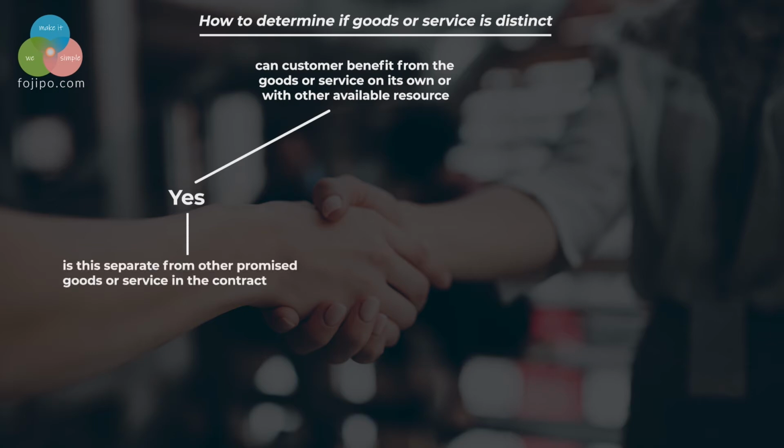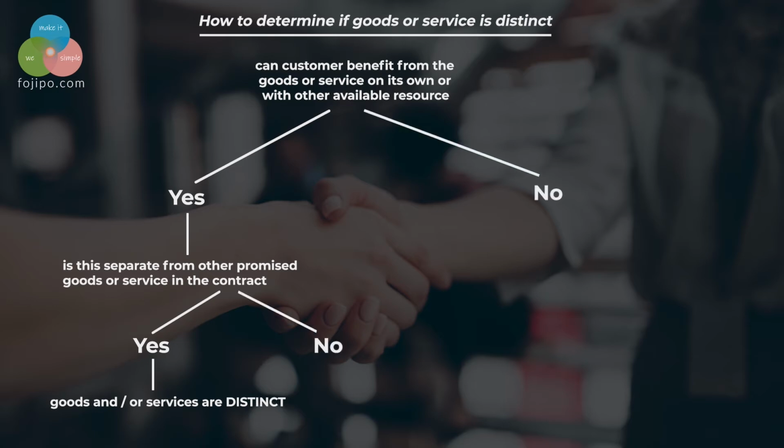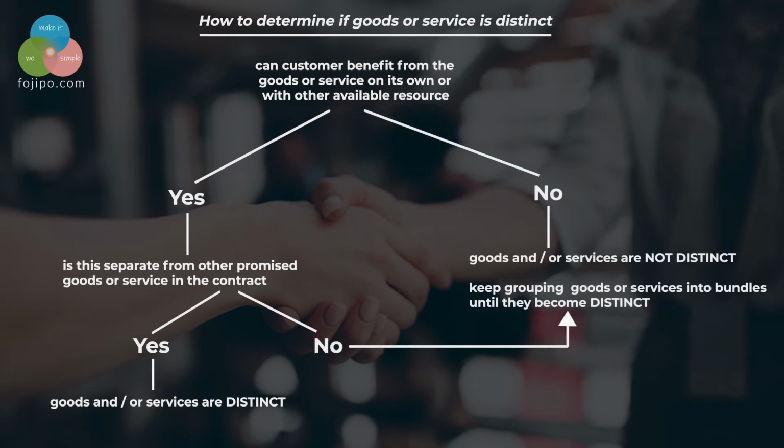Is the promise to transfer the good or service separate from the other promised goods or services in the contract? If yes, then the good and/or service is distinct, and if no, then the good and/or service is not distinct. And in this case, you must group goods and services into bundles until they become distinct goods and services, or say distinct performance obligations.